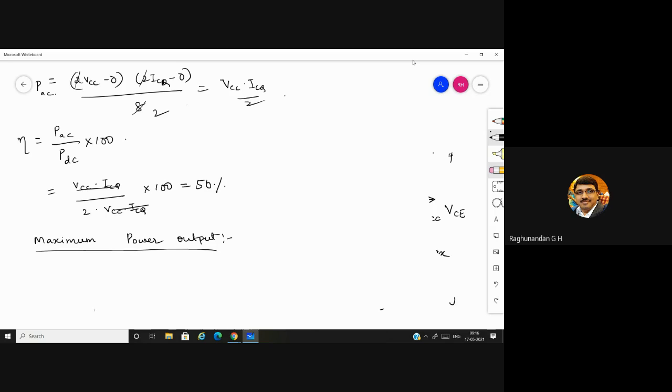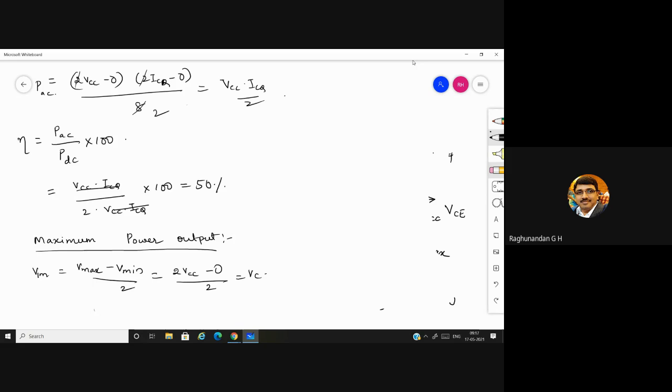Okay. Now, considering maximum power output, obviously we have to consider the cases we considered for maximum efficiency. So VM we will consider from the primary side. So V1M is equal to Vmax minus Vmin by 2, which is equal to 2 VCC minus 0 by 2.